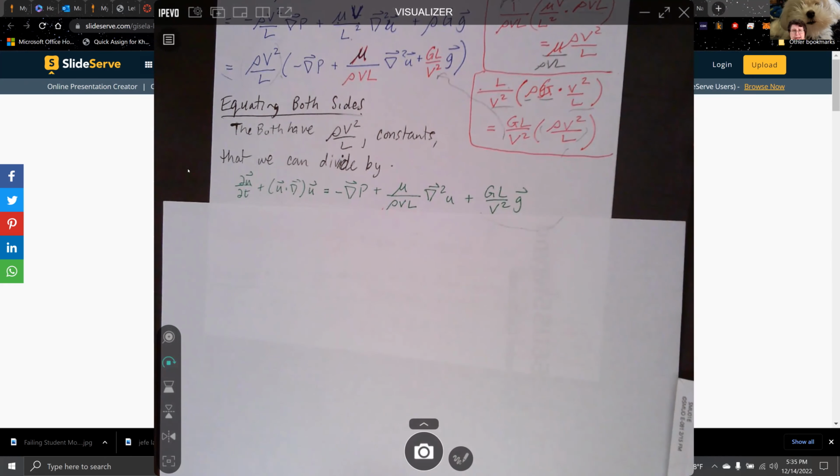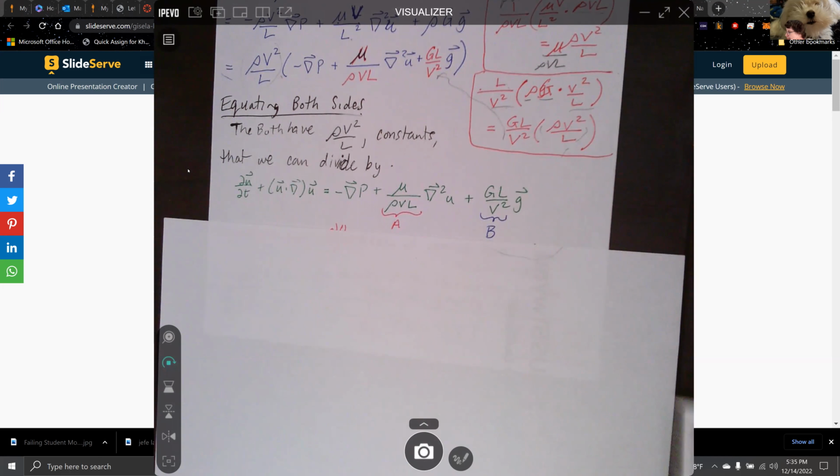We've got the negative gradient of the pressure plus mu over rho VL times the Laplacian of u plus GL over V squared times G. And so these two things give us two values that show up in the other equation. You saw these on the NASA thing, and I'll bring them back up in a second.